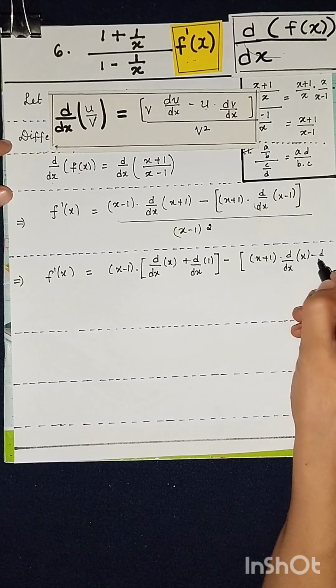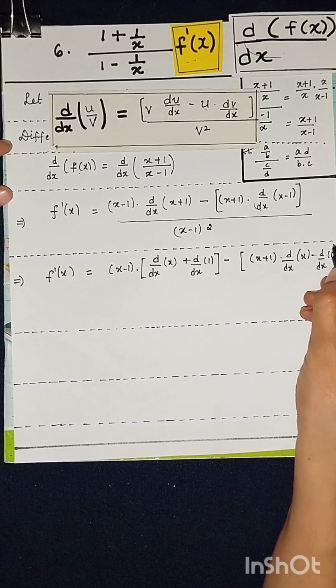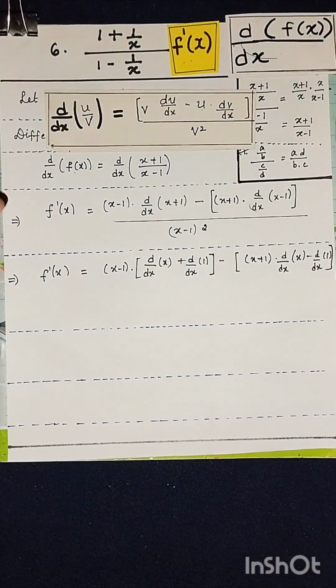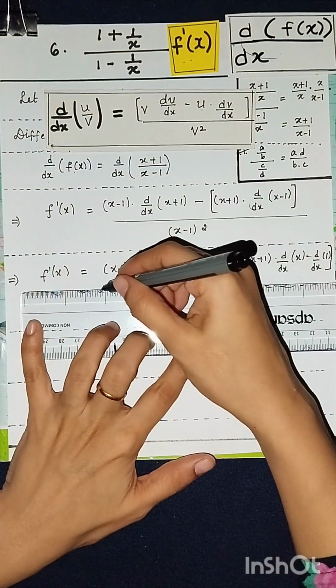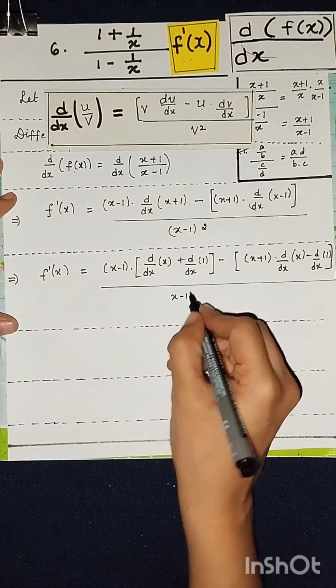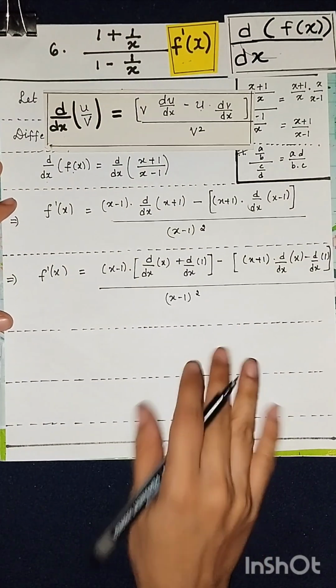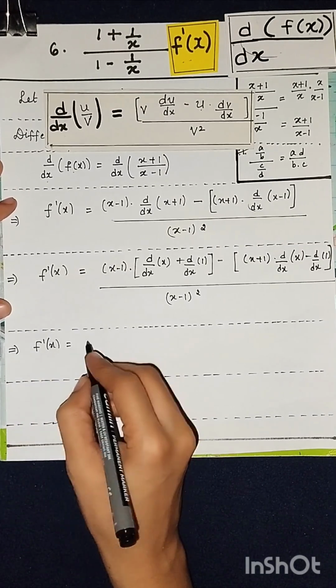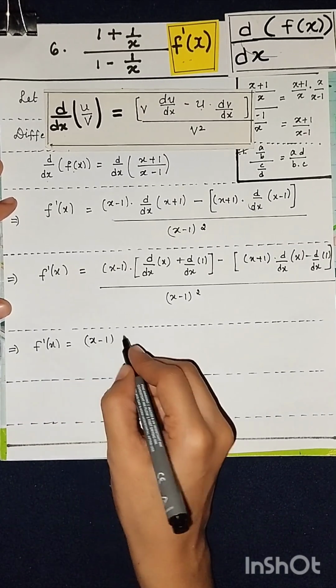So x minus d by dx of 1. So in the denominator we have x minus 1 the whole square. Now this implies f dash of x is equal to x minus 1.